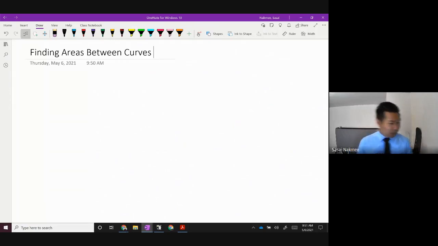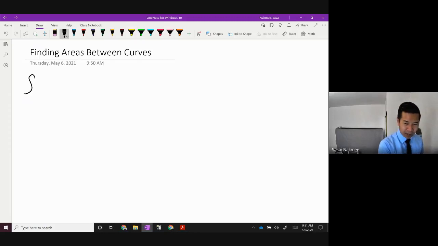So you guys know, when we do the integral of a function from a to b, let's give you a second to write this down.